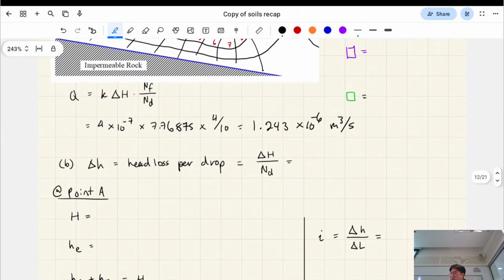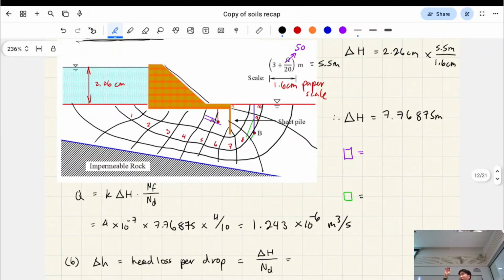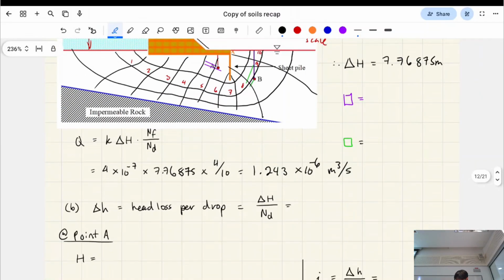Next, we calculate the head loss per drop. So that's just a matter of the difference in head from the start of the system to the end of the system, and then we're dividing it by the number of drops, right? The number of drops was the perpendicular lines, and it loses energy at each stage. It loses energy probably more linearly, but we're just going to consider those set intervals.